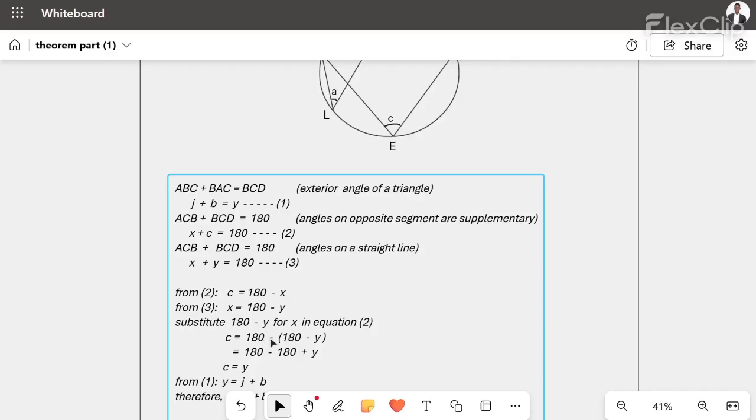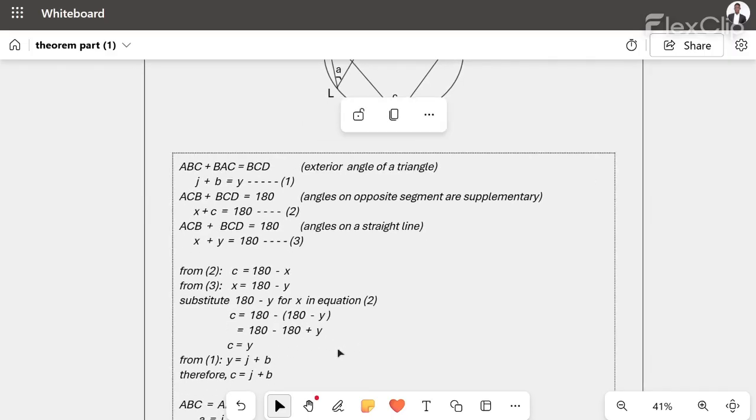Angle C is equal to 180 degrees minus, open bracket, 180 degrees minus y, close bracket. If you open the bracket, it will be equal to 180 minus 180 plus y. And 180 minus 180 is equal to 0. At the end, we finally have C is equal to y.